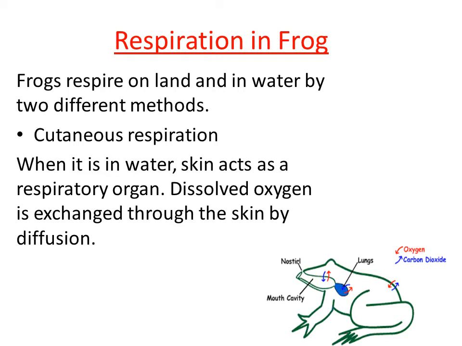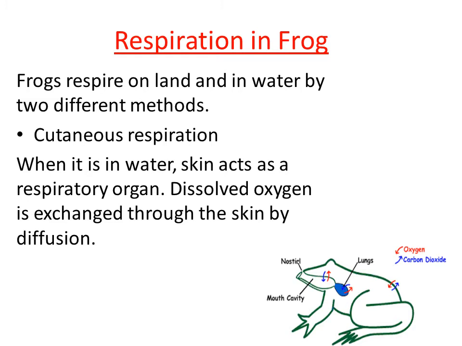The dissolved oxygen present in the water is exchanged through the skin by simple diffusion. By means of diffusion, oxygen enters into the body, and blood carries the oxygen to different parts of the frog. This type of respiration is called cutaneous respiration.